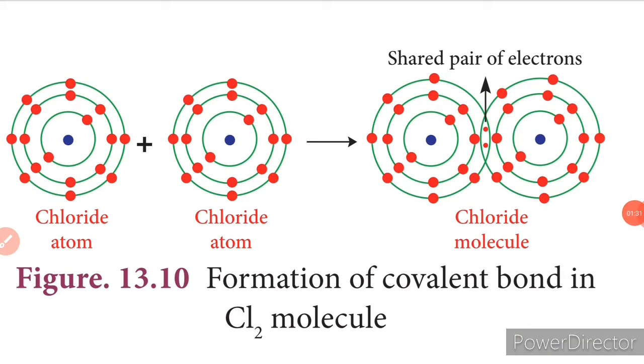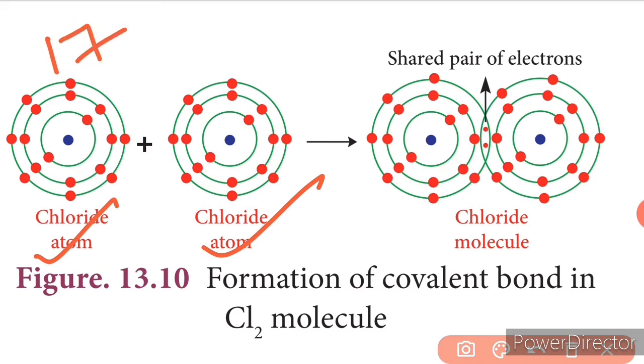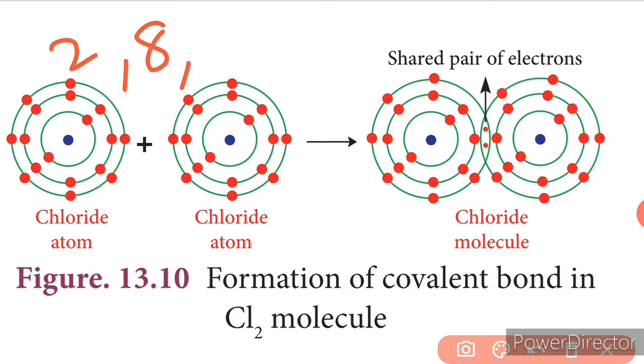Next, we'll move to the formation of the chlorine molecule. Here, children, you can see two chlorine atoms. Now, we know that the atomic number of chlorine is 17. What is the electronic configuration? The electronic configuration of chlorine is 2, 8, 7.